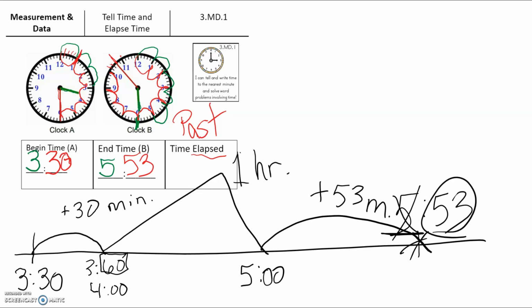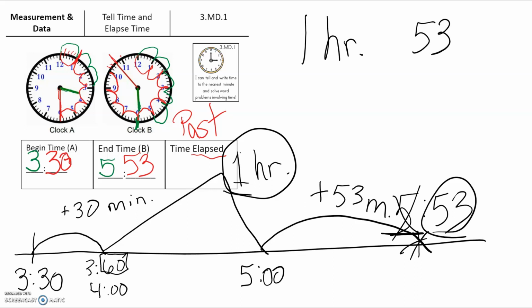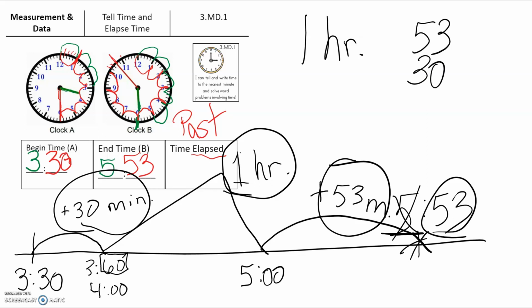Looking back at my problem, I see that some of my information is in hours, so I have 1 hour, and I have 53 minutes right here, and I have 30 minutes here. Oh, this is going to be interesting because now I have 53 and 30. That makes for 83 minutes. But I have to be kind of careful there because 83 is greater than 60 minutes in an hour. So I'm going to take away 60 minutes here.